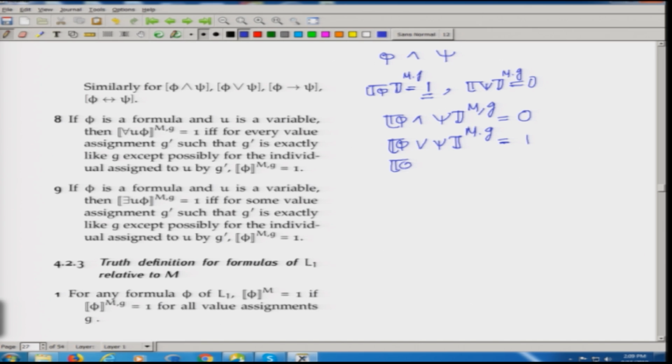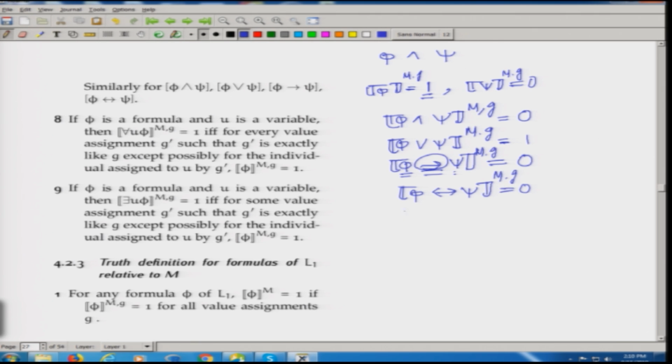What about phi implies xi? 1 0 always gives 0 when it comes to this sign. It is because 1 0 means this is happening while this is not happening. That means this is not possible. The if-then relation does not hold between two such things. Therefore, this is 0. And then finally we have both-side implication, or equivalence, which will be 0.